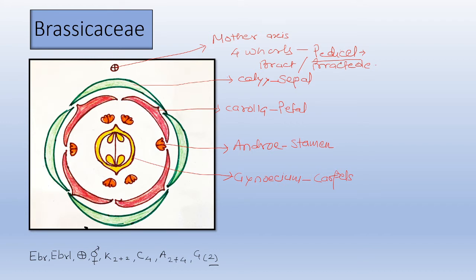But as in this case both bracteole and bract are totally absent, we call the flower ebracteate and ebracteolate. Then we will move on to the important whorls, which are the non-essential whorls, that is the calyx and corolla. Then next are the two whorls, androecium and gynoecium, which are the essential whorls.